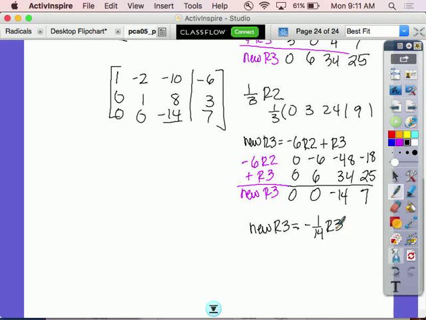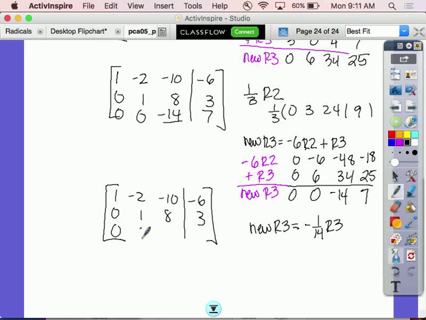Keep everything else. So that'll be 1, -2, -10, -6, 0, 1, 8, 3, 0, 0, 1, -1/2. Woo! Finally, we are in row echelon form.